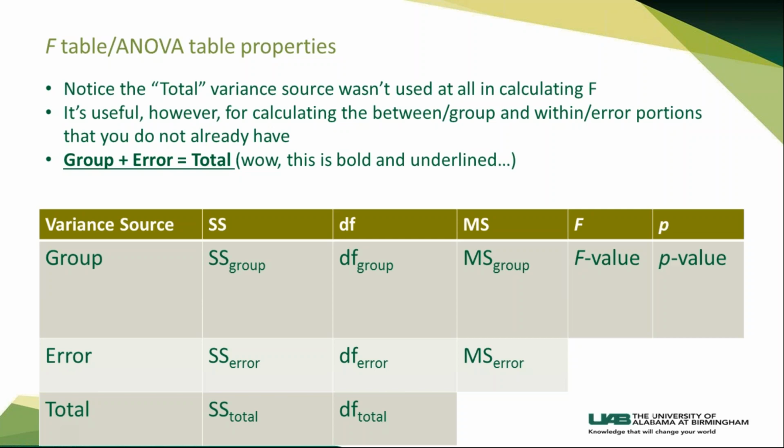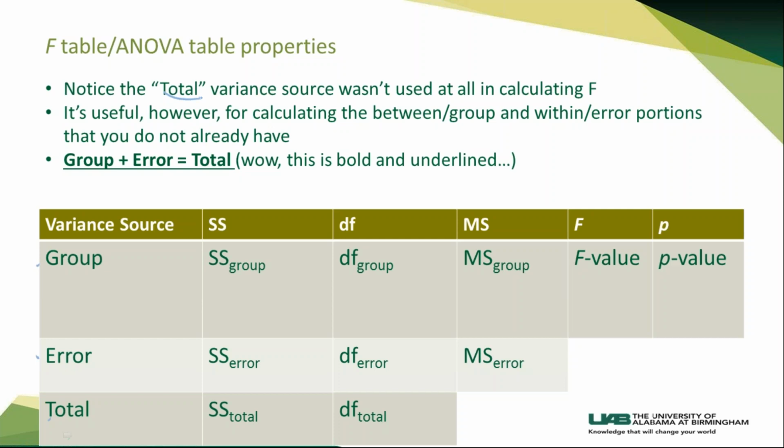So we see we have group, error, and total, but total wasn't actually used when you calculated F. So what's the point of having this little row in the table for total? It's because it's so useful, because you only need 2 out of these 3 things to calculate the other.